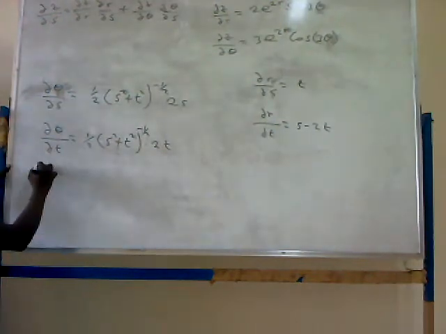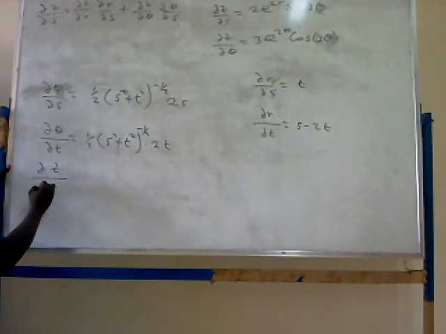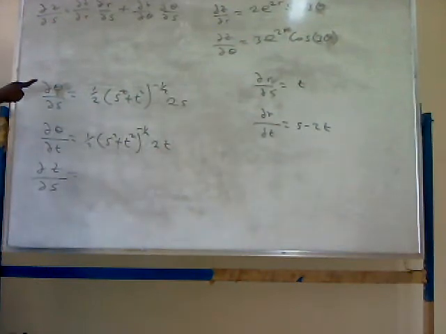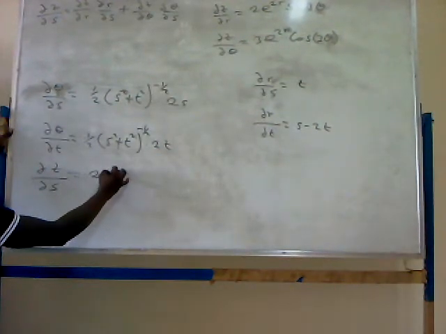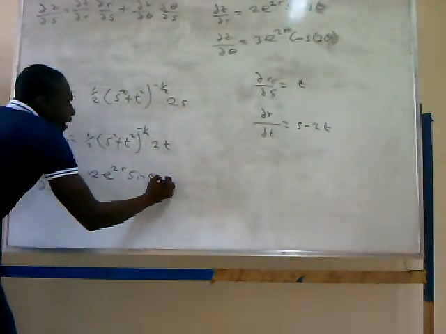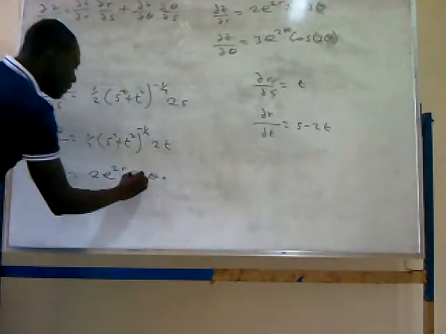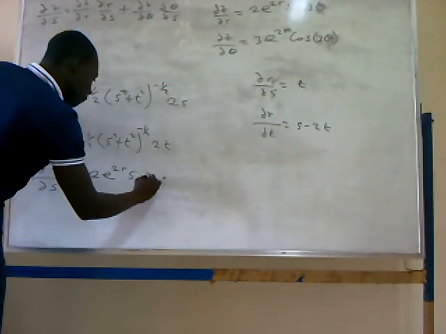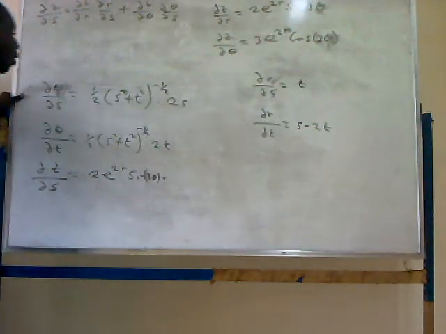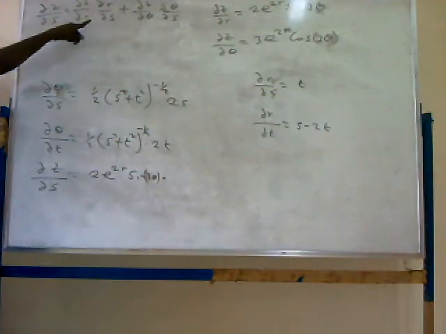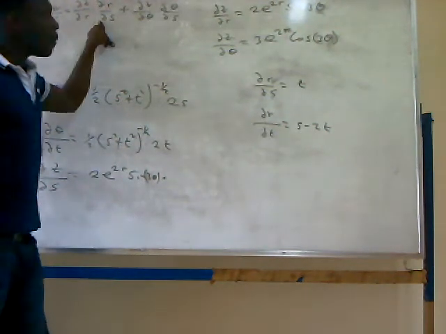So I write del z del s is equal to del z del r, which is 2e to the 2r sine 3 theta, multiplying del r del s. Now del r del s, what do we get?